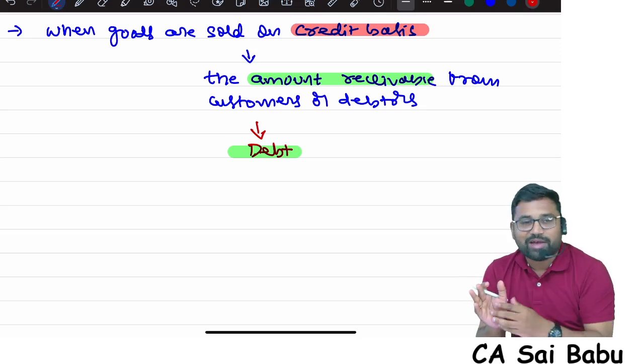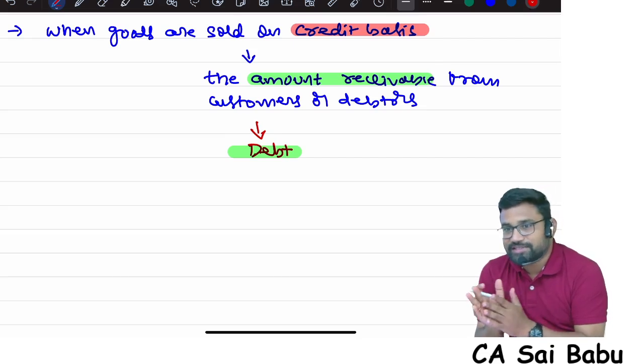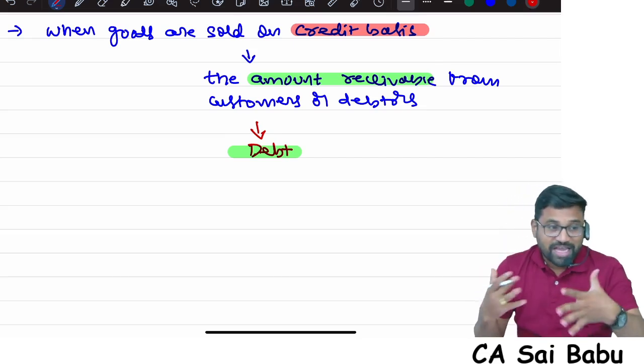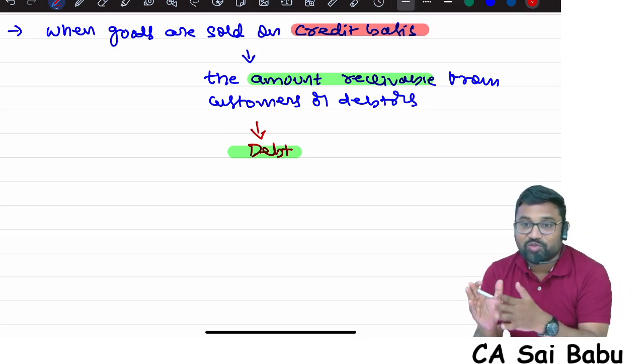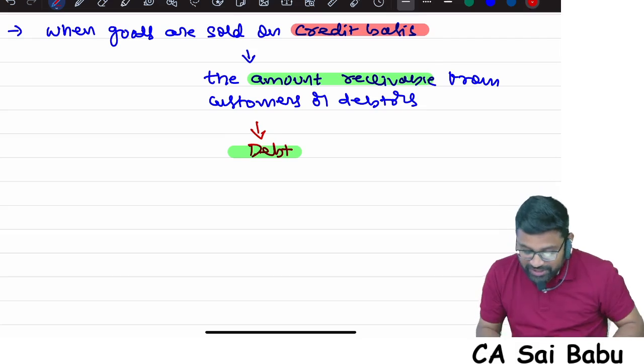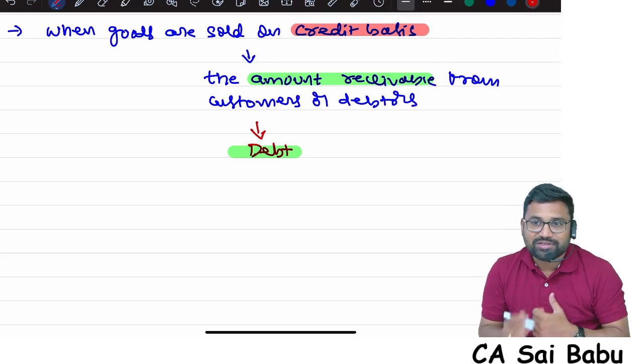Every time I ask, he says wait for 5 days, 5 days, 5 days. Now that means as a business enterprise, there is a risk for me whether this amount will be collected or not. Actually, the debt is my asset. Debtor account is my asset. Now there is a doubt whether this asset will be realized or not.